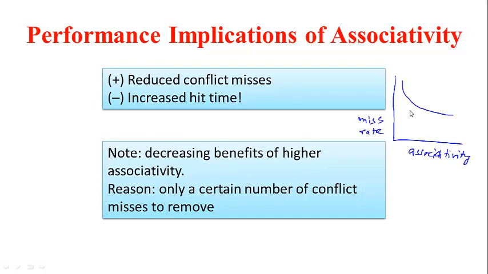However, with higher and higher levels of associativity, the relative benefits of increasing associativity is going to be smaller and smaller. In other words, the miss rate versus associativity curve is going to flatten out after a while. This is because increase in associativity decreases conflict misses, but in a given program, there are only a certain number of conflict misses to remove.